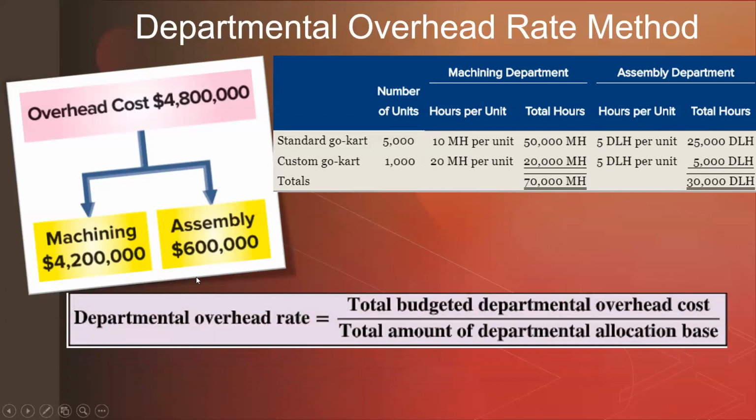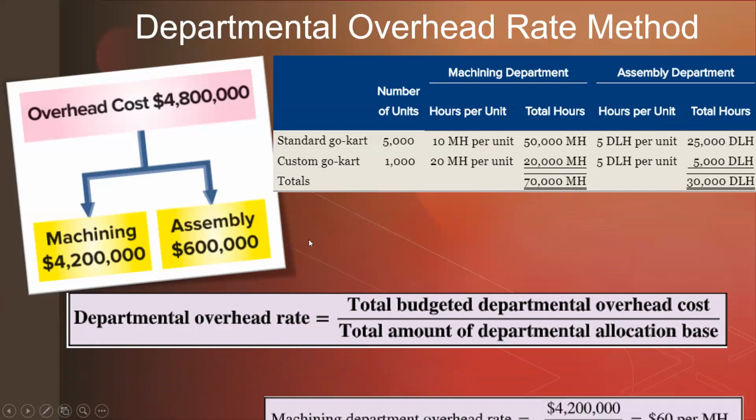So we're just going to take the same formula, except we're going to do it per department. We are going to take the total budgeted department overhead cost. So for machining, it'd be 4.2 million divided by the total departmental allocation base. So for machining, it would be 70,000 machine hours.